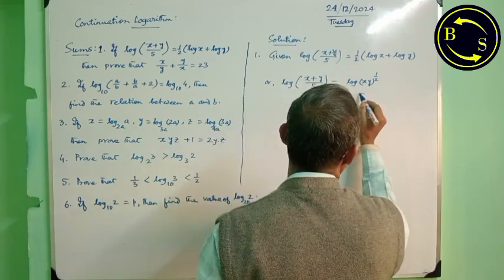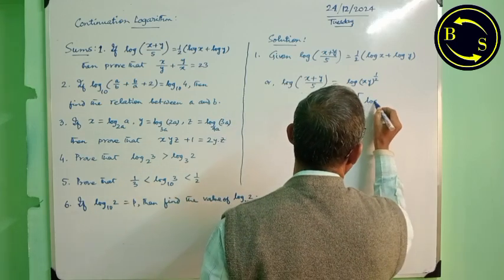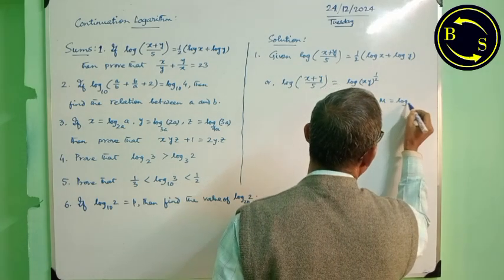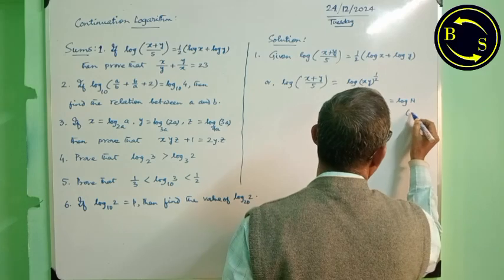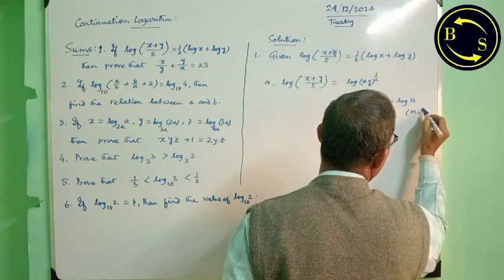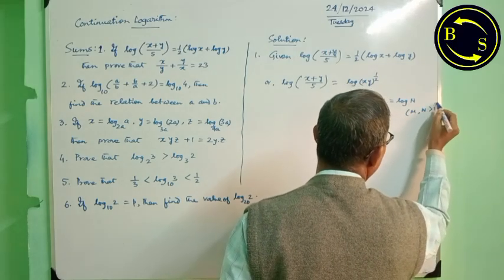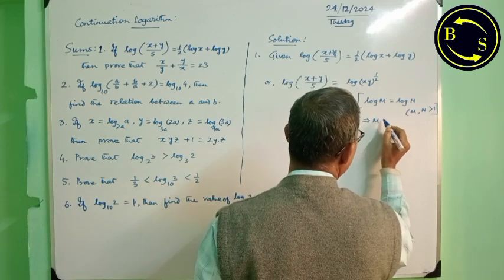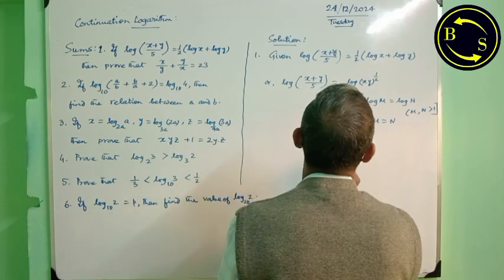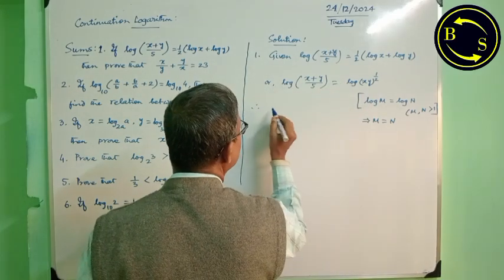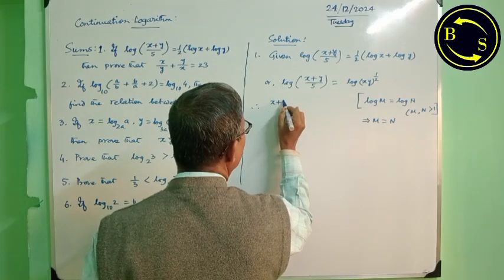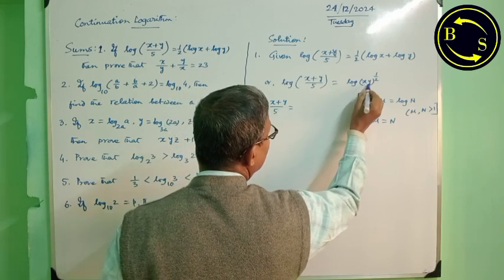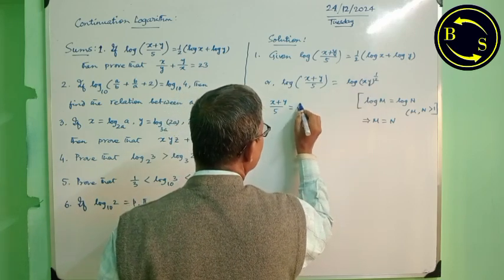Now I have already stated, if log m is equal to log n, of course m, n greater than 1, then we conclude m equals n. Therefore we can write here (x plus y) by 5 is equal to (xy) whole to the power half, means root over xy.